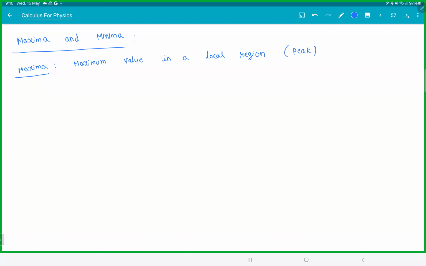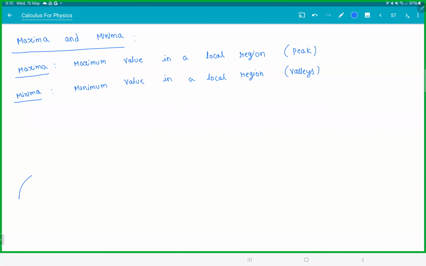Whenever you're climbing hills or mountains, the peaks are called maximas. Minimas are simply the minimum value in a local region. Basically, these are valleys.